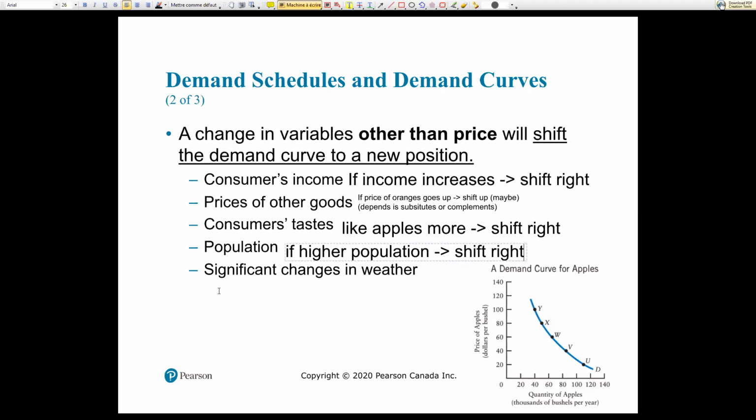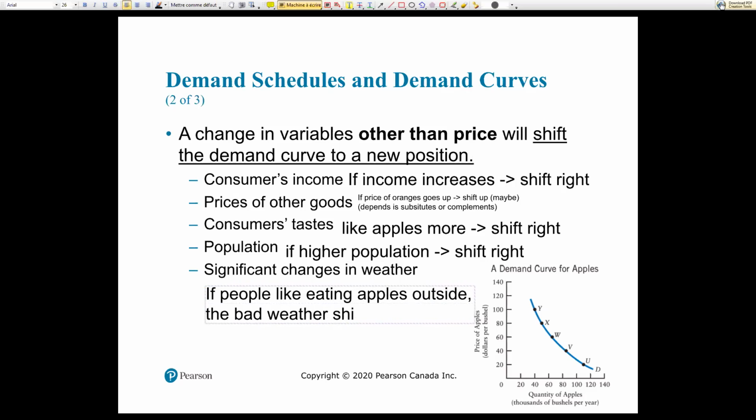So all that you could see is something like, I don't know, if people like eating apples outside, then bad weather shifts the demand curve left and down.